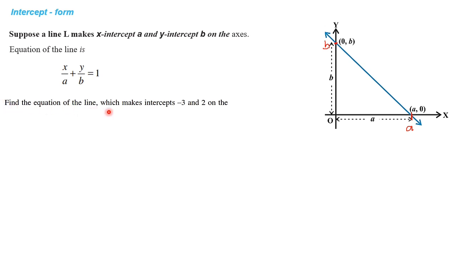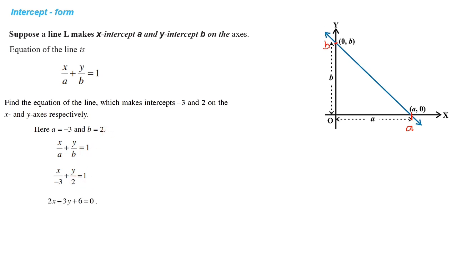Find the equation of a line which makes intercepts minus 3 and 2 on the x and y axes respectively. The x-intercept is minus 3, the y-intercept is 2. Means x by A plus y by B is equal to 1. Here A is minus 3, B is 2. So x by minus 3 plus y by 2 is equal to 1.